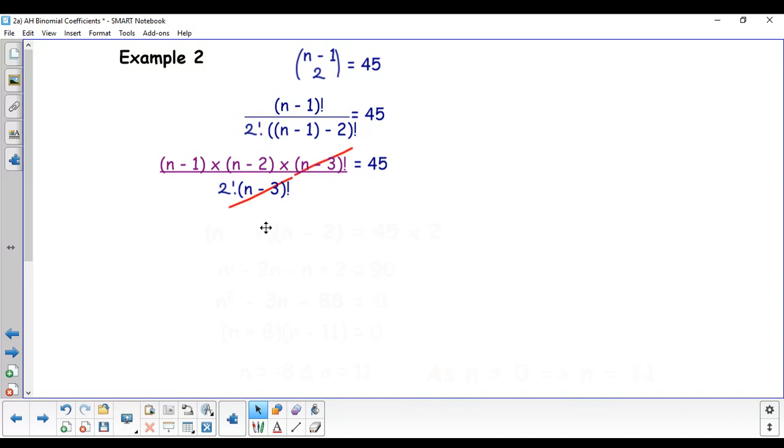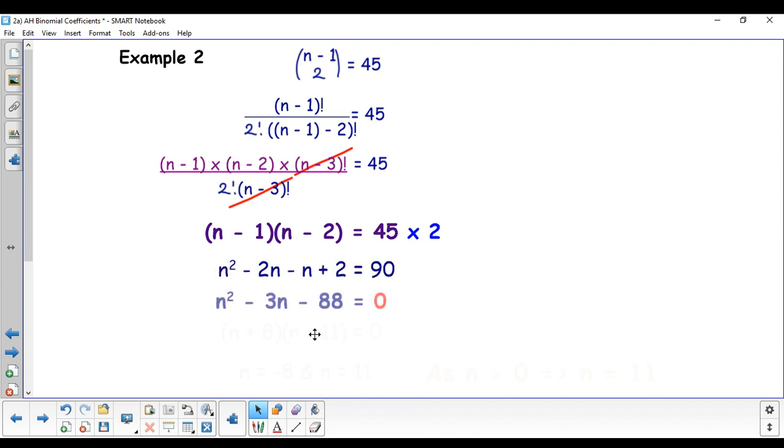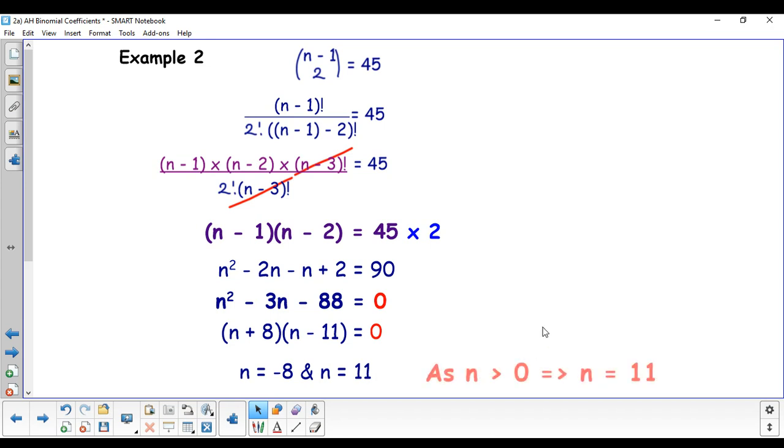So we get n minus 1 times n minus 2 over 2. So I could cross multiply by 2. That's n squared minus 2n minus n plus 2 equals 90. N squared minus 3n, bring it over, is minus 88. Remember quadratics always set equal to 0. 8 times 11, remember to get negative, it will be minus 11. So then you get minus 8 and 11. As n is more than 0, n equals 11.